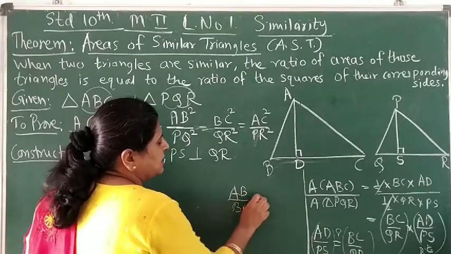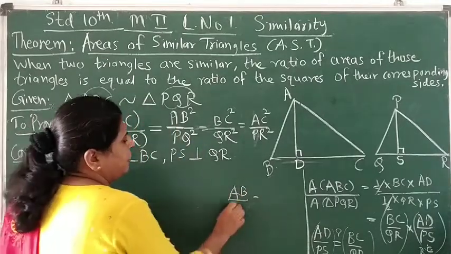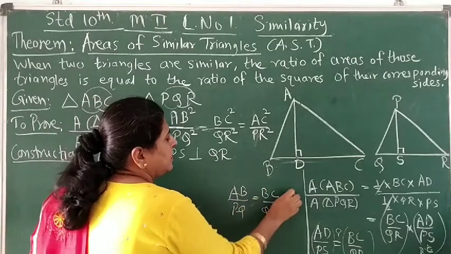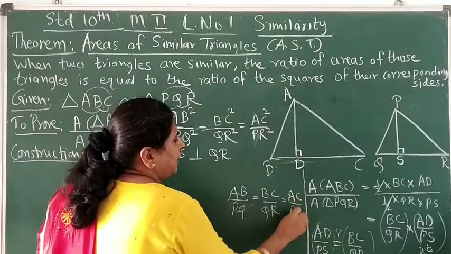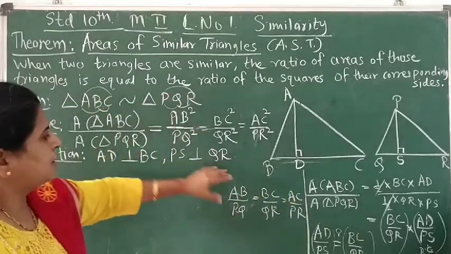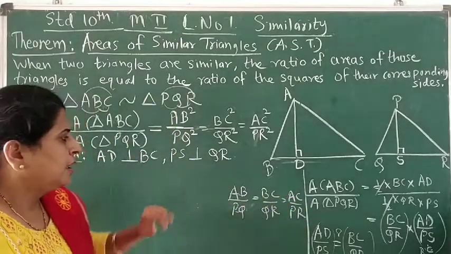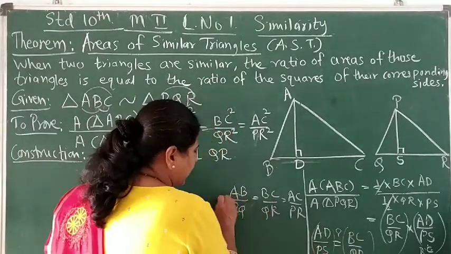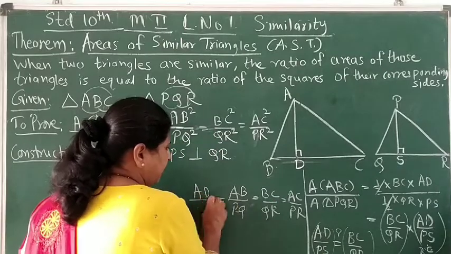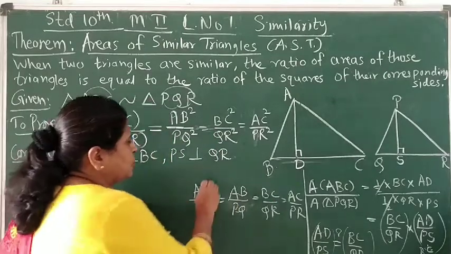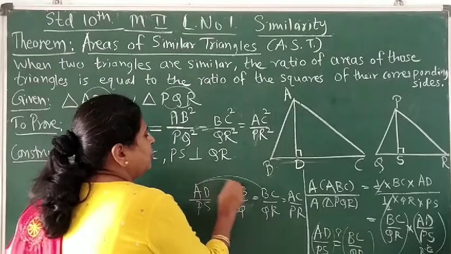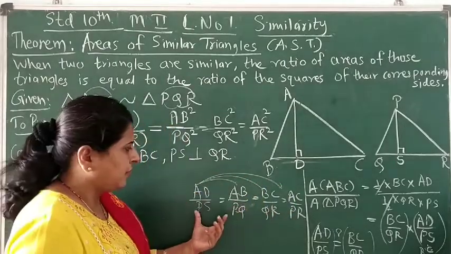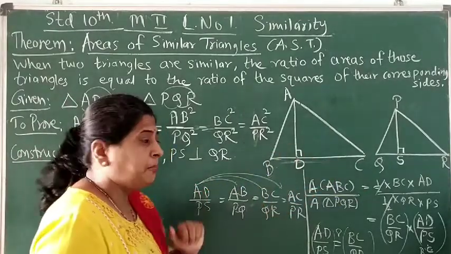So AB upon PQ is equal to BC upon QR and AC upon PR. We want to show that BC upon QR and this are equal. So can we show that AD upon PS is also equal to any one of these? If we can show all four ratios equal, our target can be achieved.